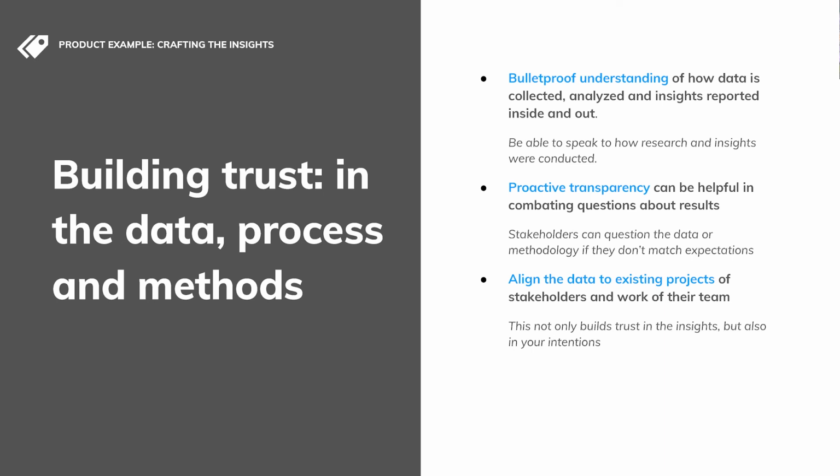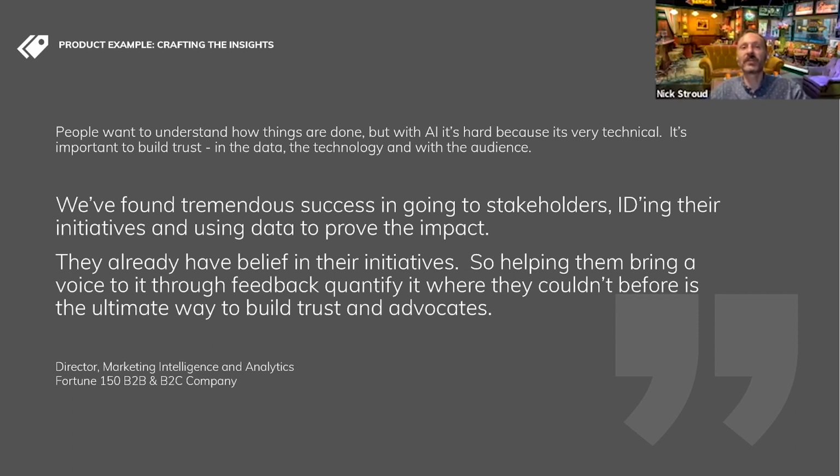So it's about having an ironclad understanding of how things are conducted, bringing transparency to the table, but then also aligning the data to other projects of those stakeholders. If I'm trying to influence somebody and I don't have much interaction with them, can I look at any other projects they've worked on, and align the feedback we have to those projects, and come to the table with a set of insights on things they already believe in?